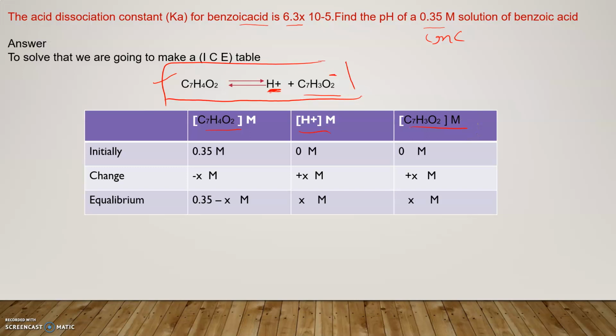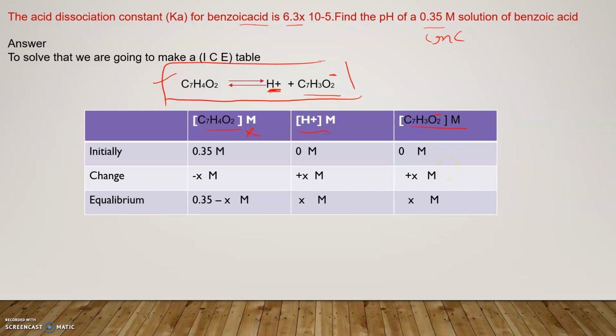The initial concentration was only for the reactant, which is 0.35 molar. The initial for hydrogen and the negative ion is 0 and 0, still not formed.